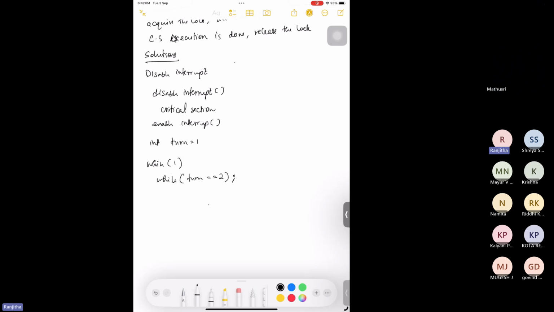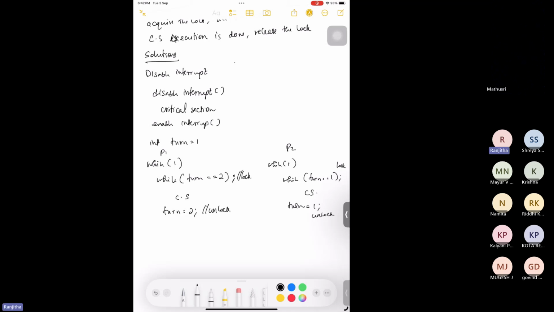Otherwise the critical section is entered, and then turn is set to 2. In P2, it will be while 1 equal to 1, wait while turn equals 1, then the critical section, and then you make turn equal to 1. This is the lock, and this is the unlock statement.